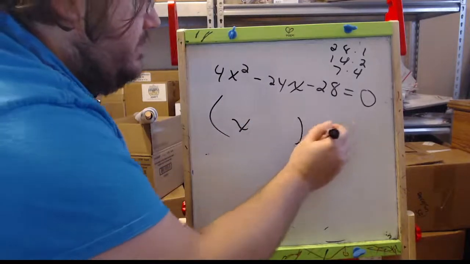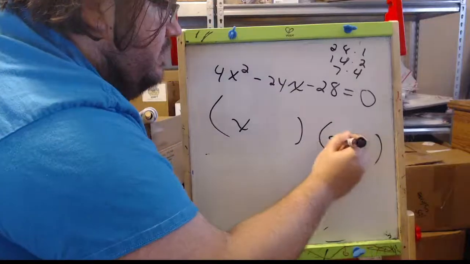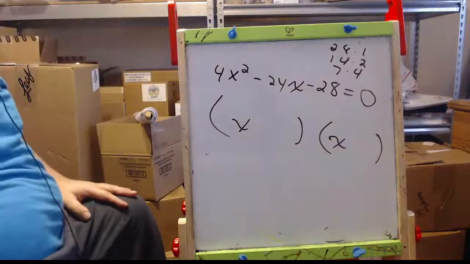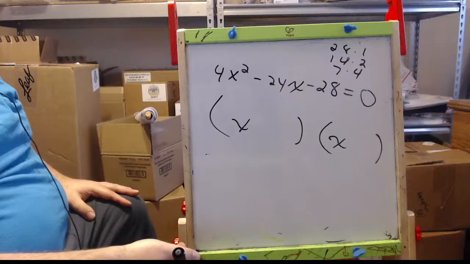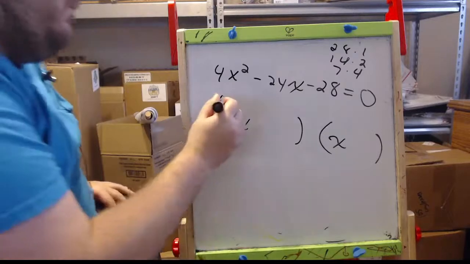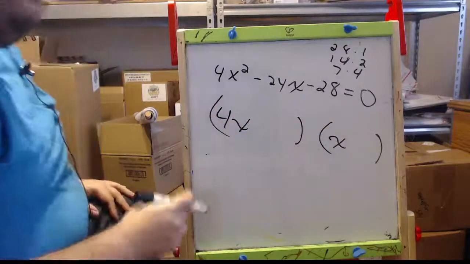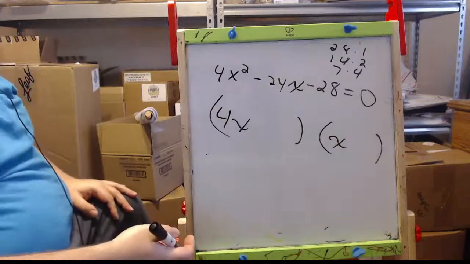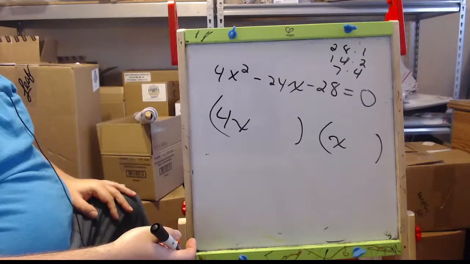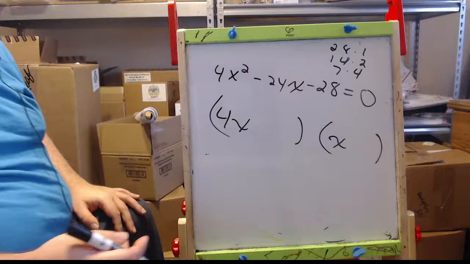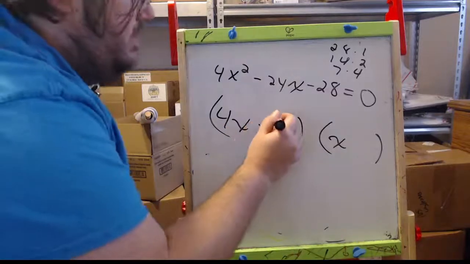My x and my x, I have a choice. Could it be a 4x, a 1x? Okay. So 4 and an x, or it could be 2 and 2. So what it ends up actually being is this.